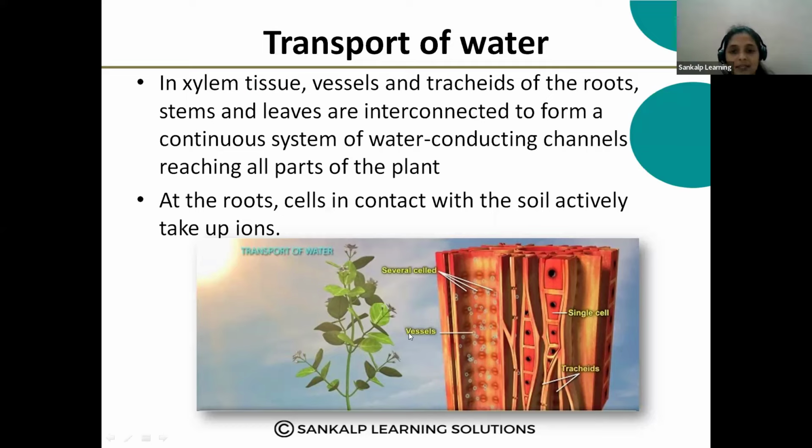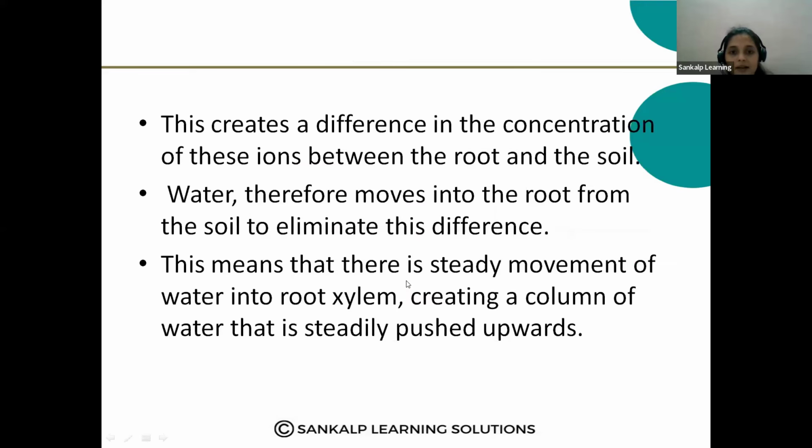So the root cells take up the soil ions. When they take up the ions, a difference in the concentration of the ions between the soil and the root takes place. Just observe it: this is the root, and when it takes up the ions present in the soil, this is the soil.